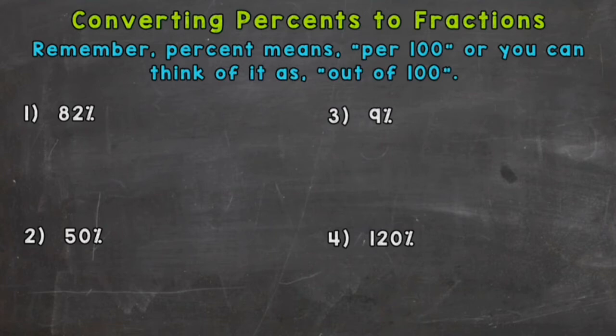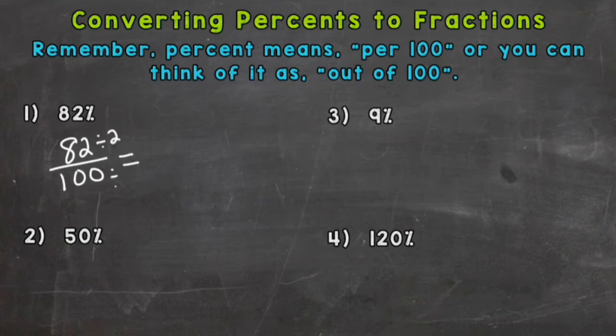We are trying to convert to a fraction. When converting to a fraction, we must divide by 100 because percent means over 100. So 82 over 100 will be reduced to its simplest form, because it's not in the lowest term.